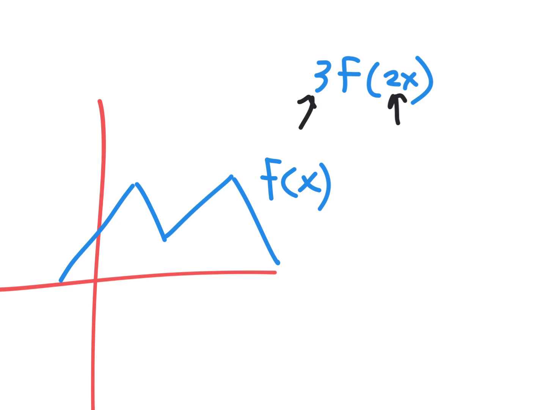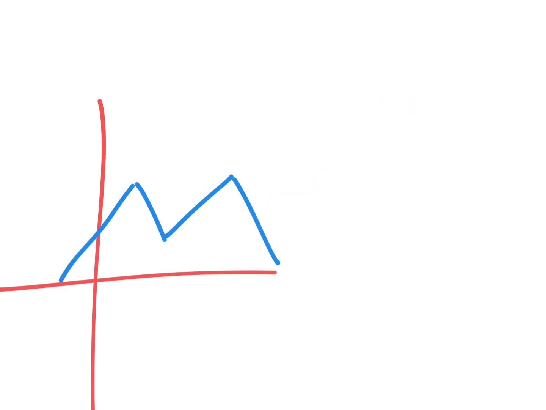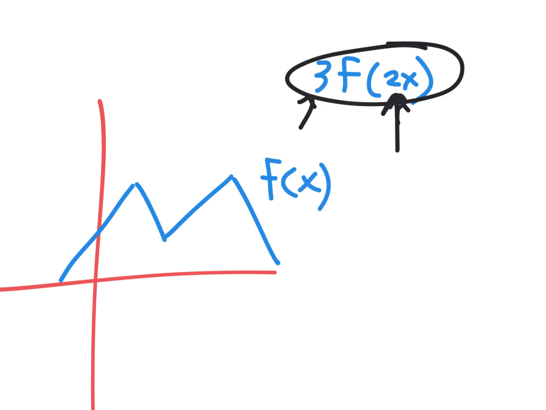Take a second and just write this down and tell me what is that inside thing. That's something we test on. What's happening there? It is not vertical stretch by a factor of 3. What is it? Talk to the kid next to you. What is that one?